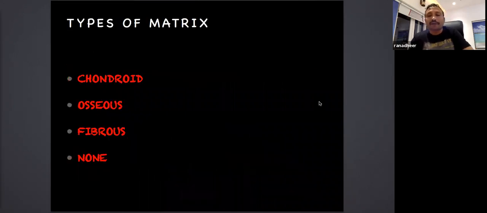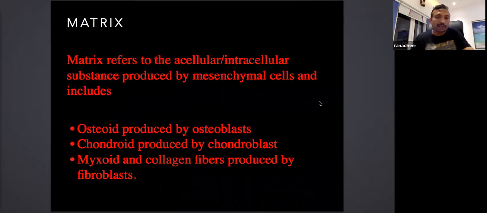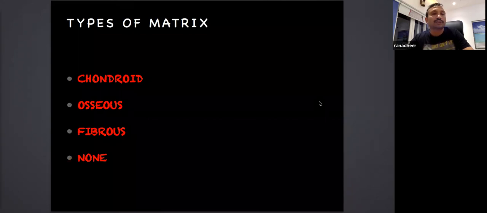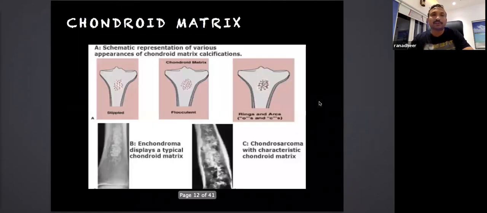So, what types of matrix do we have? Osteoid matrix from osteoblasts, chondroid matrix if chondroblasts are active, and if fibroblasts are active, you get myxoid and collagen fibers. So we have four types of matrix: you may have matrix or no matrix. If the matrix is there, it can be chondroid, osseous, or fibrous. So this is a chondroid matrix calcification.